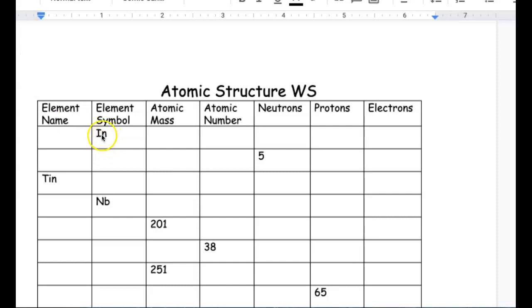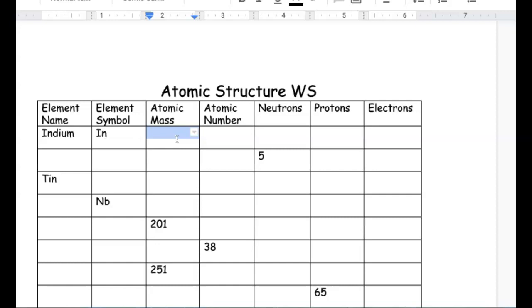So if you notice on the first line, we have just the symbol In. If I go through the periodic table, I find that it is indium. So inside this box, you're going to type indium. Then you're going to look at the atomic mass, and I see that the atomic mass is 114.5.